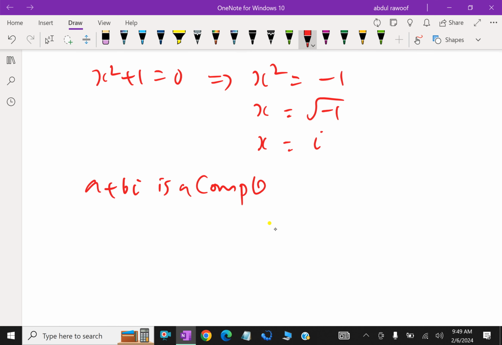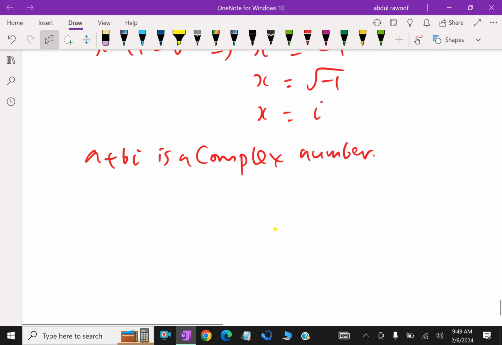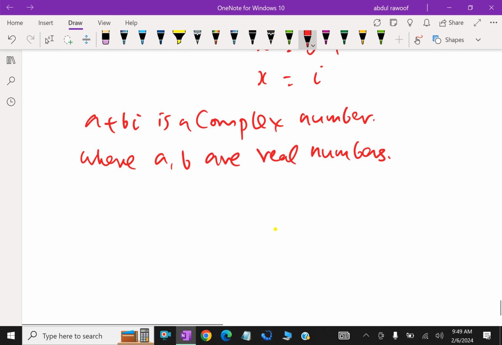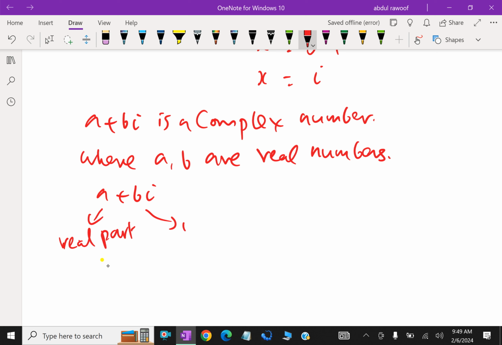Then therefore you can say a plus bi is a complex number, where a and b are real numbers. Then the two components are there: in a plus bi, a is the real part and b is the imaginary part.